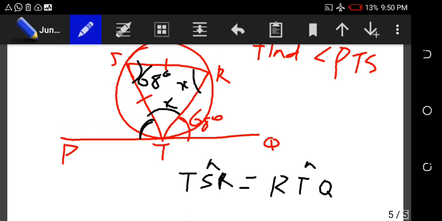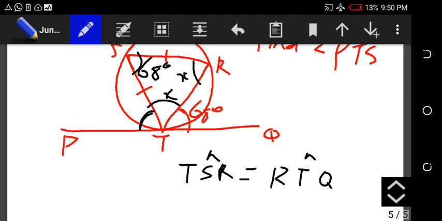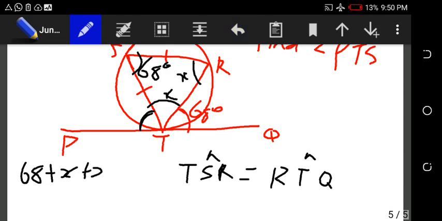Now the sum of angles in a triangle is equal to 180, so we can say that 68 plus x plus x should give us 180 degrees.